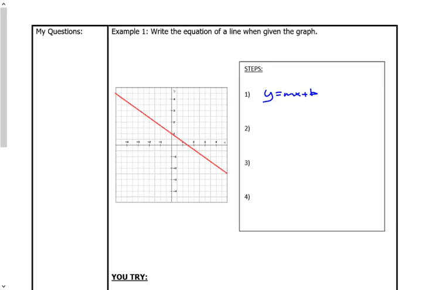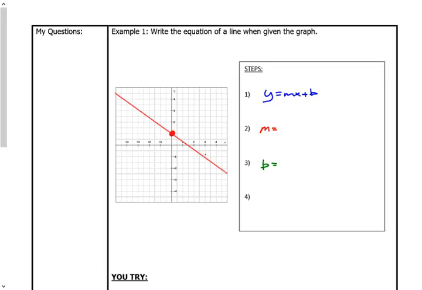Now, steps 2 and 3 then come directly from that because I need to find the slope and the y-intercept. So slope is rise over run. Now, this graph is very difficult for me to see here. So I'm going to do my best to pull out some numbers here.